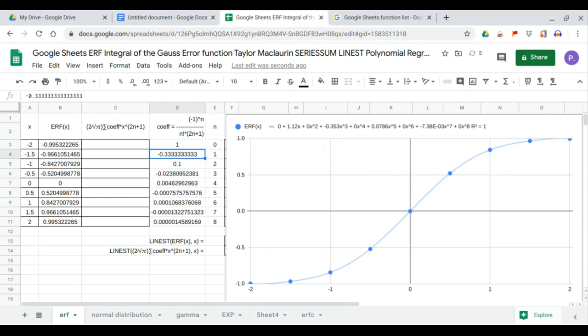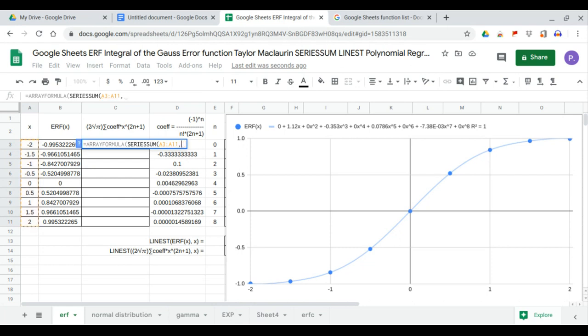And that's more correct. Now that we have the coefficients completed, we continue. This time we'll use series sum. This array formula, series sum of the x values raised to the power 2n plus 1.